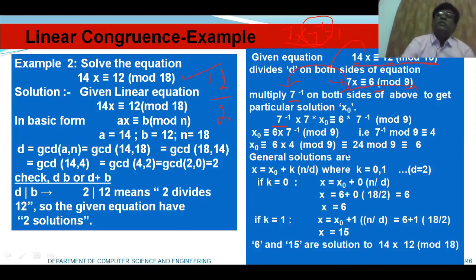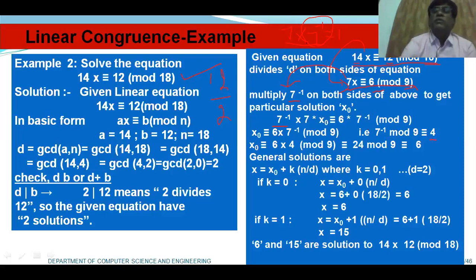The multiplicative inverse of any number can be found by using the extended Euclidean algorithm, that is, the tabular format. By using the tabular format, put the Q, R1, R2, R and T0, T1, T. Using that table, you can find the multiplicative inverse of 7.